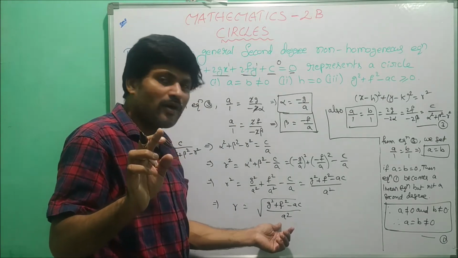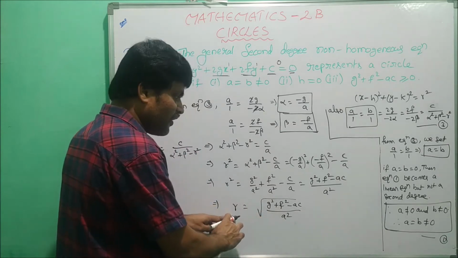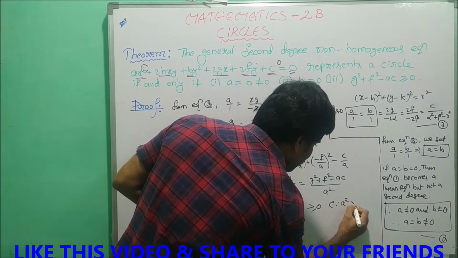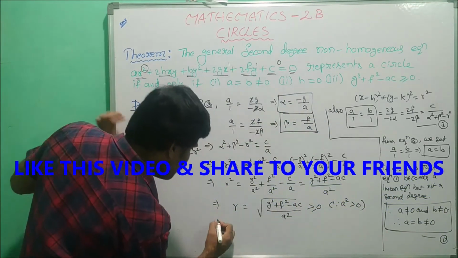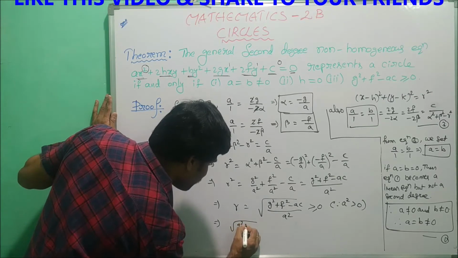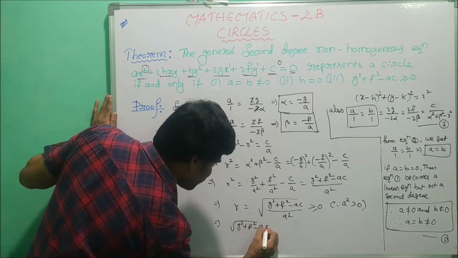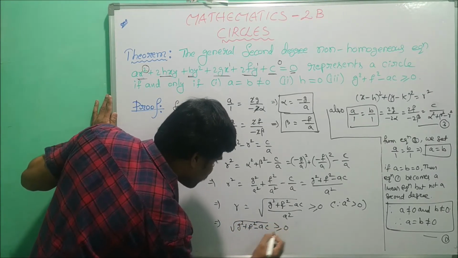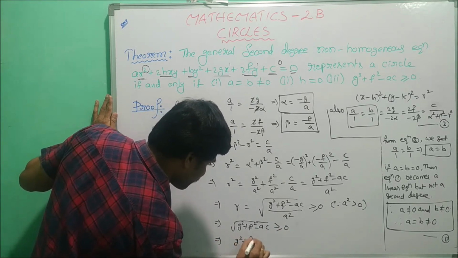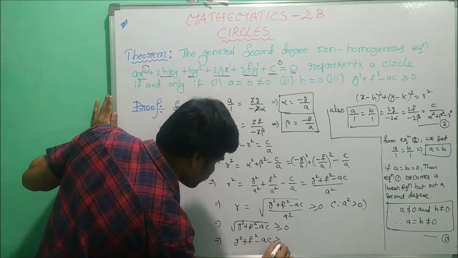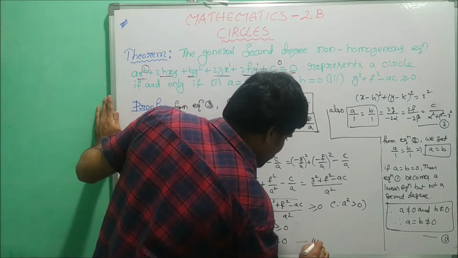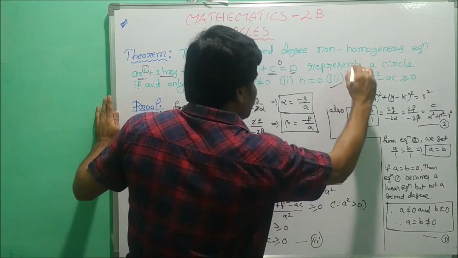This is in the denominator. Therefore the value of R is always greater than 0, since a square is greater than 0. Now we get the square root of g square plus f square minus ac is always greater than or equal to 0. Squaring on both sides, g square plus f square minus ac is greater than or equal to 0, which is condition 3. So this is the third condition.